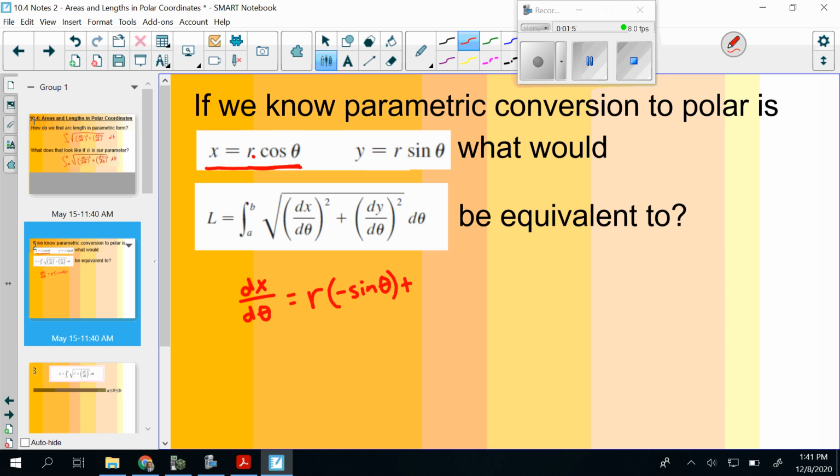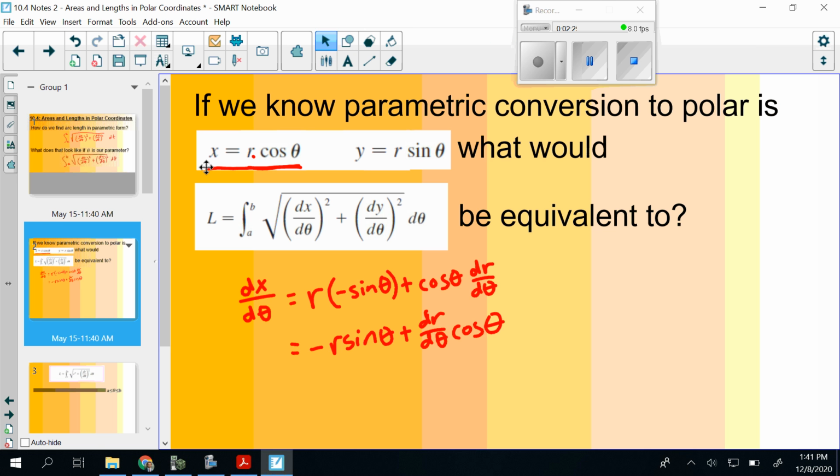So we'd have cosine times derivative of r. Well, derivative of r is 1, but we'd have to include here that we're finding this, that's the derivative of r in terms of theta, dr d theta. Just simplifying this a little bit, this would end up being equal to negative r sine theta plus, I'm going to write the dr d theta first, dr d theta cosine theta.